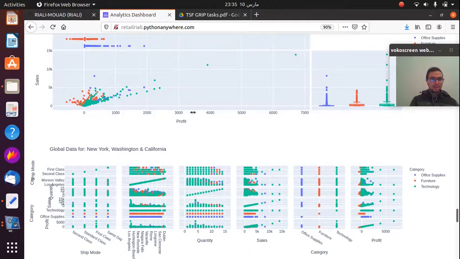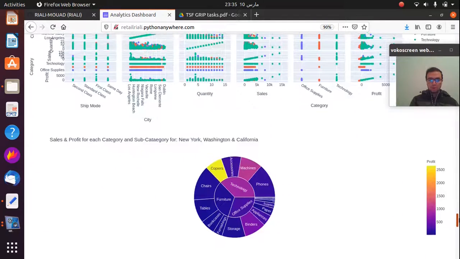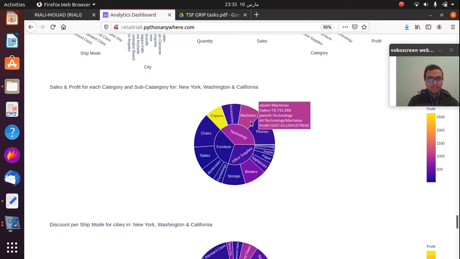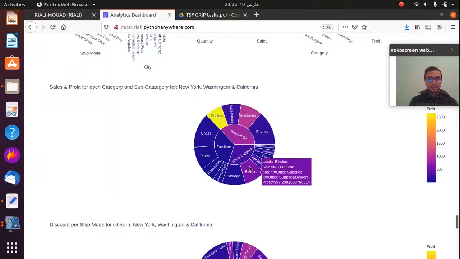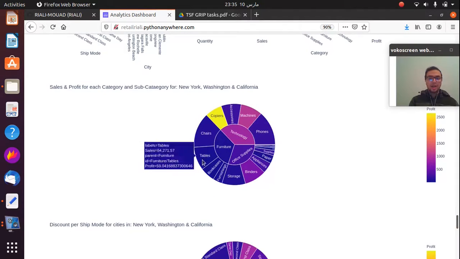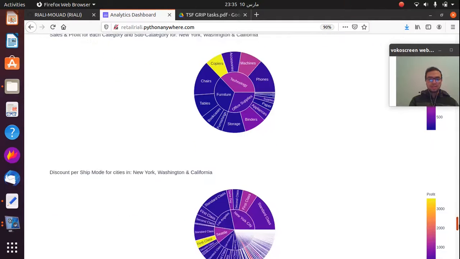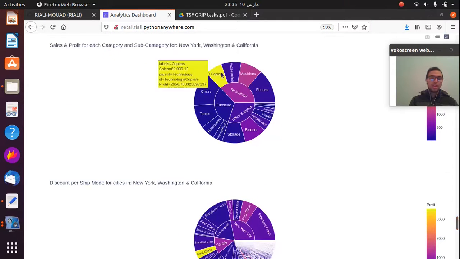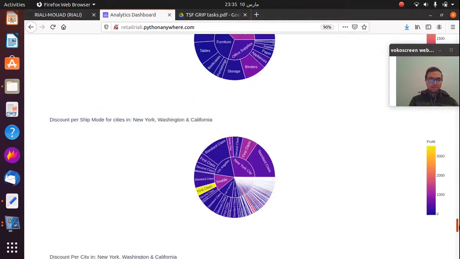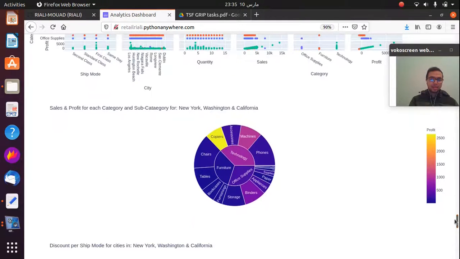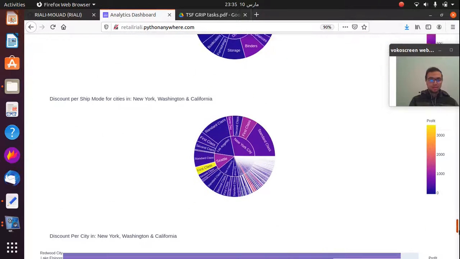As you can see here, machines, binders, and tables are the minimally profitable items, and the copiers are the highest one. But none of them give negative profits.